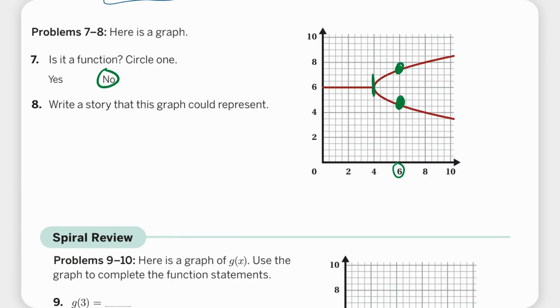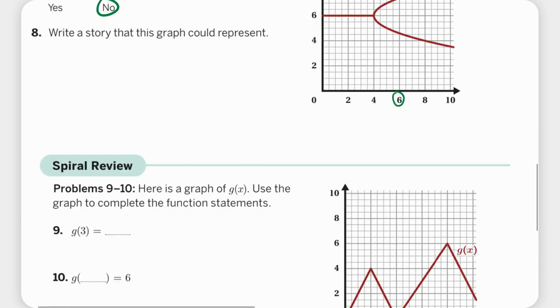So again, you kind of have to be ingenuitive when you're coming up with these specific situations, because when you're going through it, it may not always make sense to you. But again, there's no real wrong answer. We're just looking for something that might kind of be represented by this representation. Again, this graph here is not a function, so I can't really call it a function, but I can say it represents some sort of data.